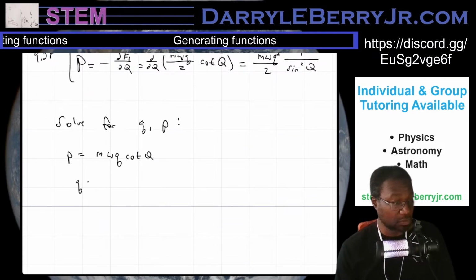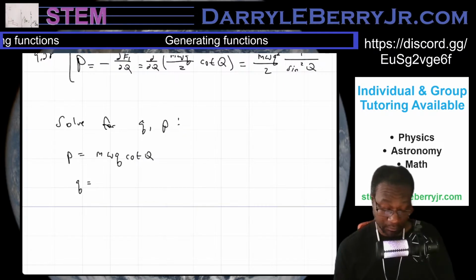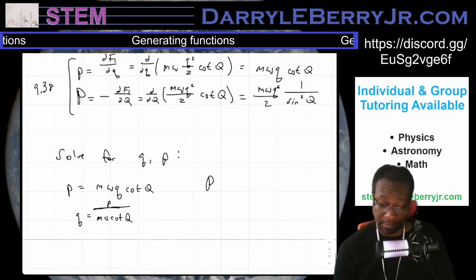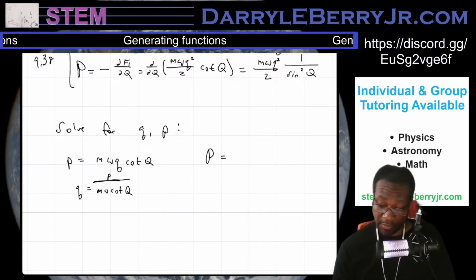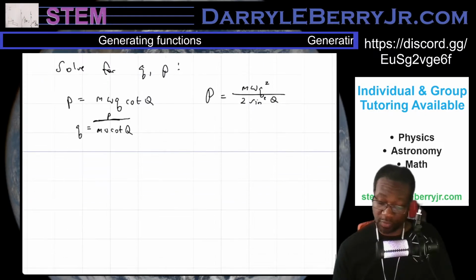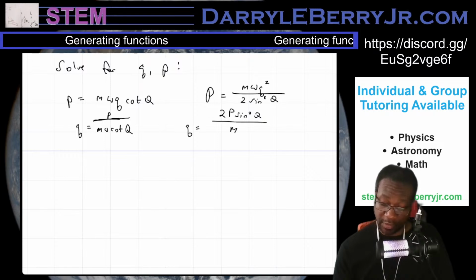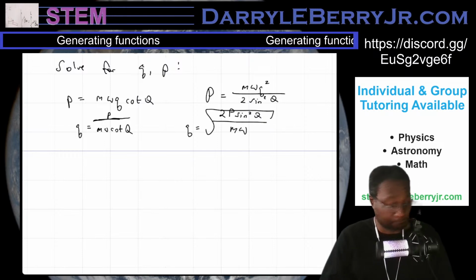Q equals p, little p, over m omega cotangent of q, and big P equals m omega q squared over 2 sine squared Q, and thus q equals the square root of 2P sine squared Q over m omega.